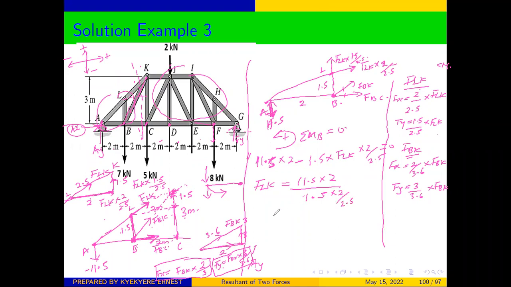And from here, FLK will be equal to 19.2 kilonewtons.